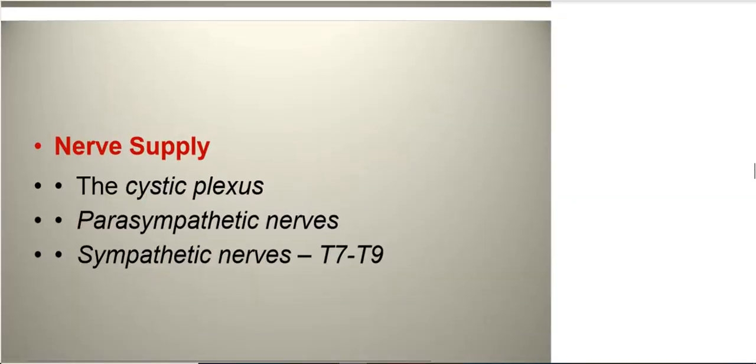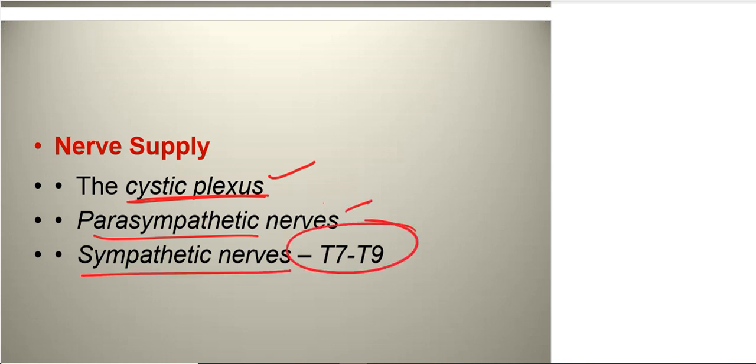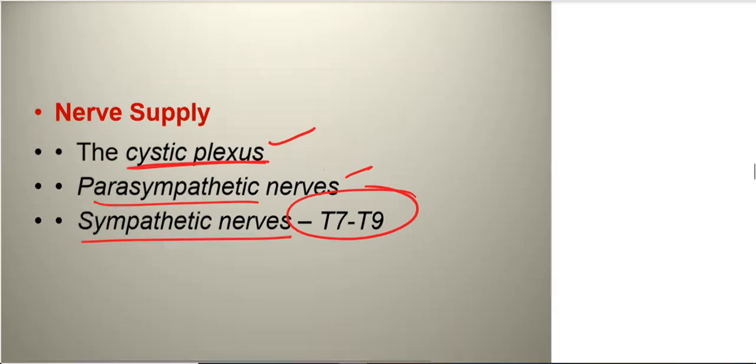Next, nerve supply: mostly supplied by the cystic plexus, which supplies the biliary apparatus, along with parasympathetic nerves and sympathetic nerves T7 to T9.